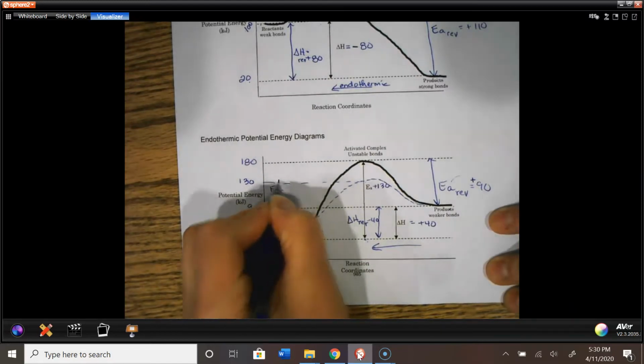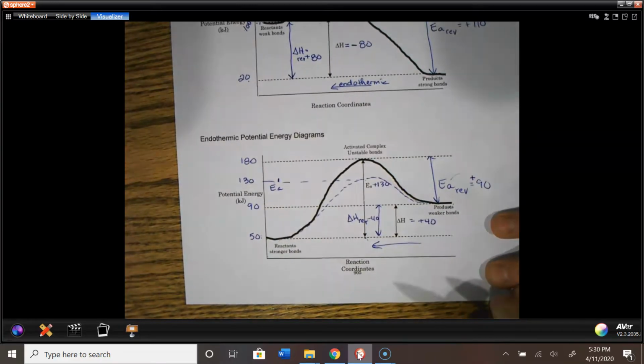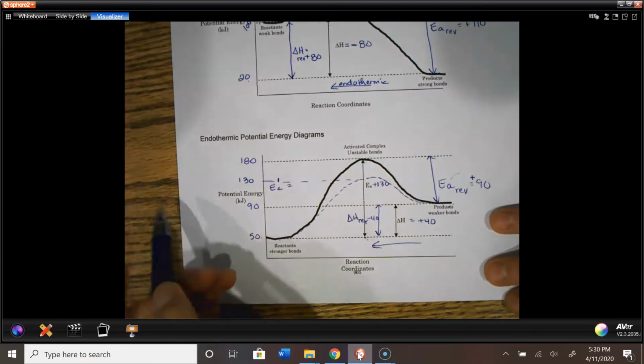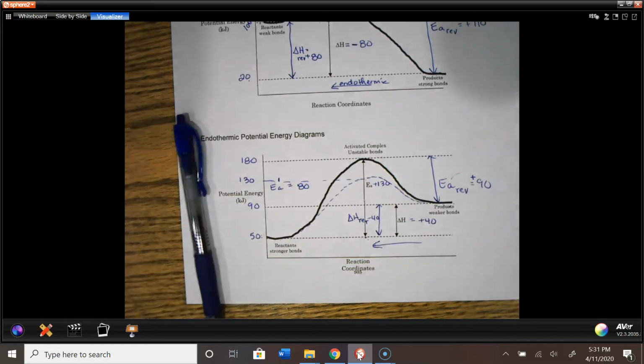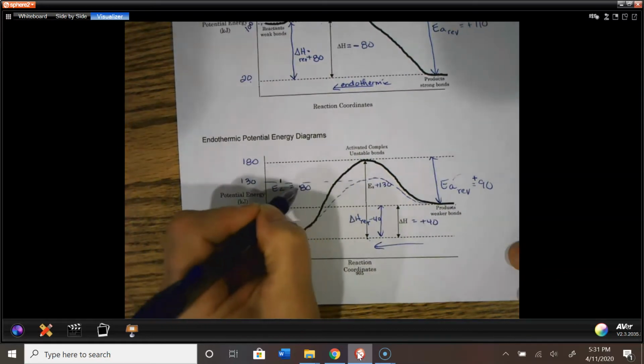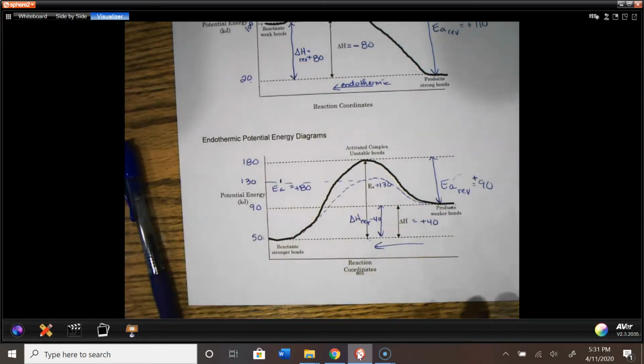Okay, so the activation energy, they sometimes use the prime to represent a catalyst. So EA prime is now lower because the catalyst offers an alternative pathway to get that reaction to occur. So you still have to add energy, but you just don't have to add quite as much.